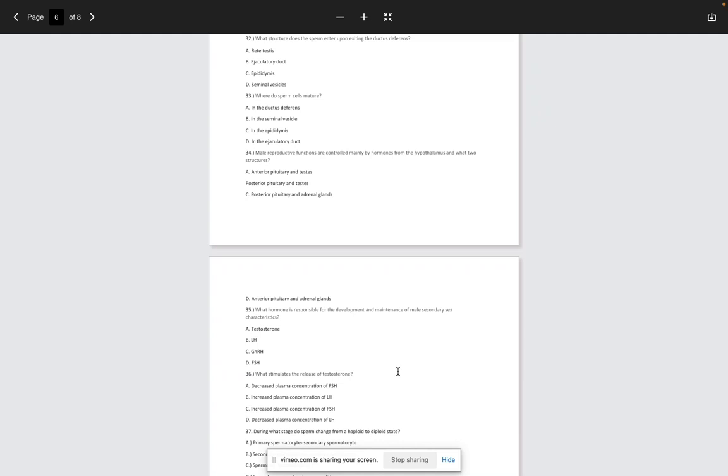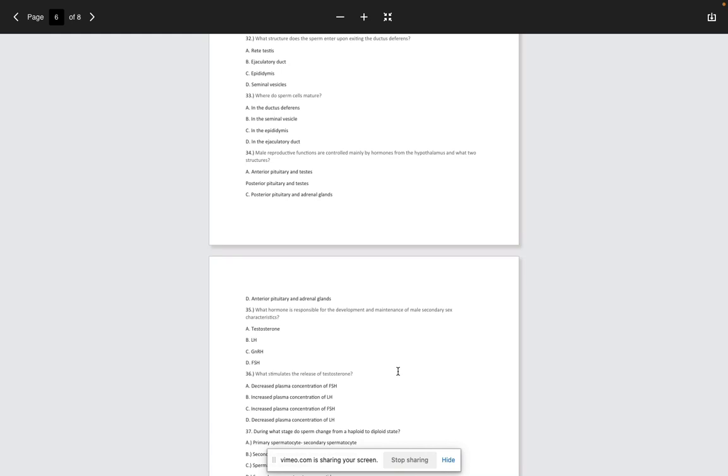Testosterone. What stimulates the release of testosterone? Decreased plasma concentrations of FSH, increased plasma concentrations of LH, increased plasma concentrations of FSH, or decreased plasma concentration of LH?